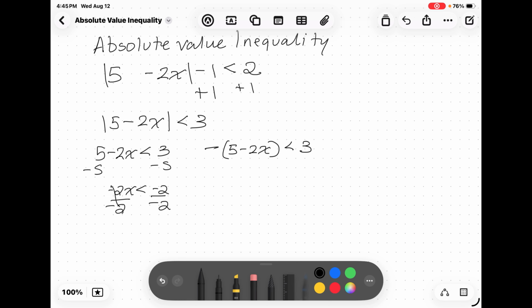And again, if you've taken algebra, you know that when you multiply or divide both sides of an inequality by a negative, you switch the direction of the inequality. So when I divide by negative 2 here, this is going to become x greater than, so you see the inequality switch there. And then negative 2 over negative 2 is 1.